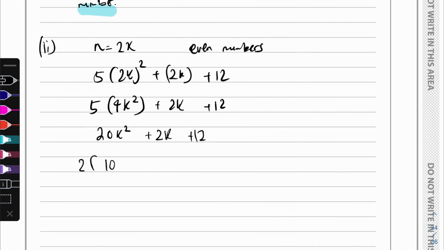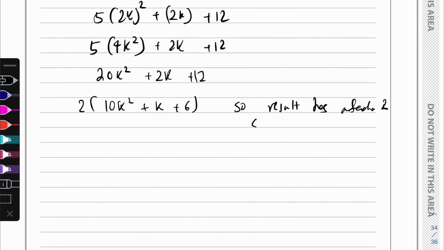So this becomes 10k squared plus k plus 6. So the result is divisible, or rather has a factor of 2. Result has a factor of 2, so is even.